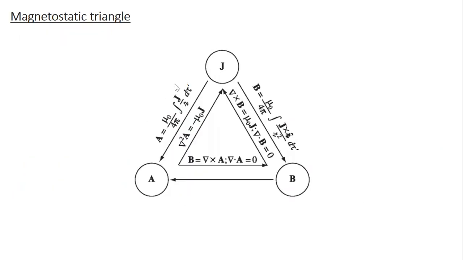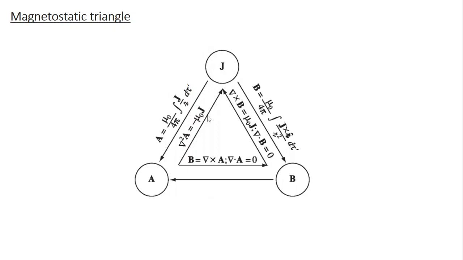Now the magnetostatics we have learned so far, we can summarize into a magnetostatic triangle. You have three important parameters. One is the magnetic field, then the magnetic potential, and third is the source, which is the current density.